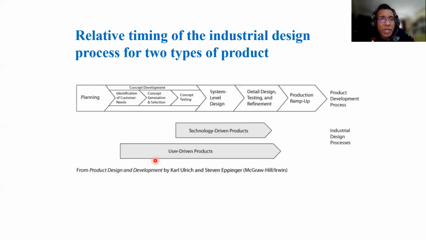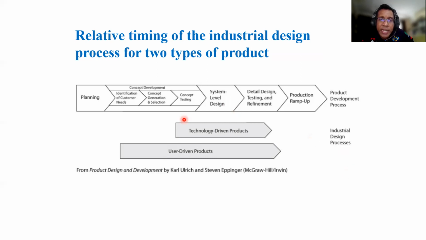And then you can see the chart here that summarizes this. From planning until product ramp-up, you can see the technology-driven product involvement, and then the user-driven product involvement. So you can see the contribution of the industrial design process. The activities began fairly late in the program for the technology-driven product.